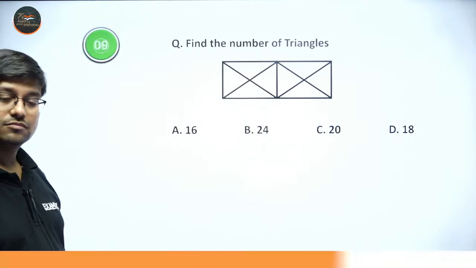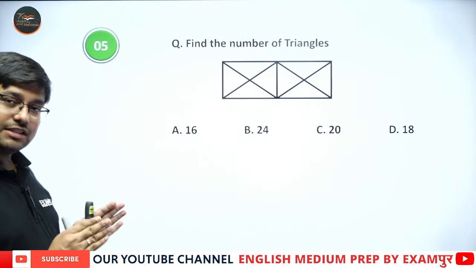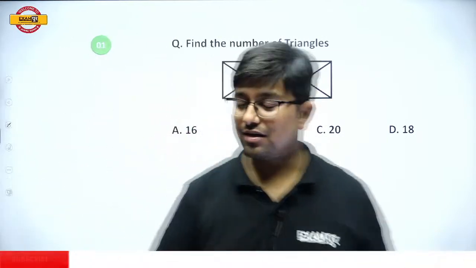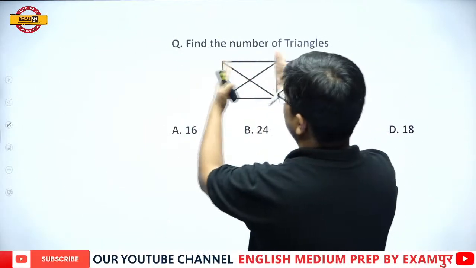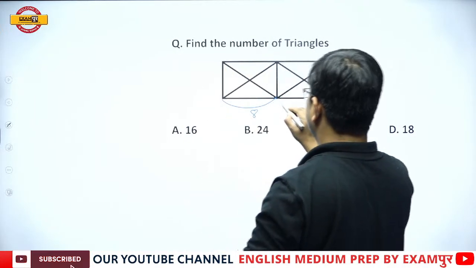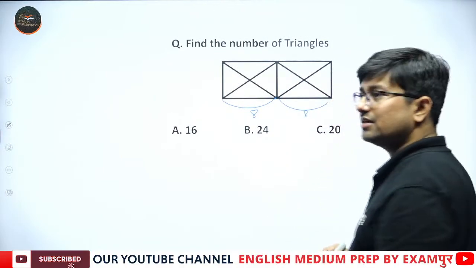Quickly. See, just now what I discussed, the number of triangles over here in this region is 8, and the number of triangles over here in this region is also 8. So 8 plus 8, 16.